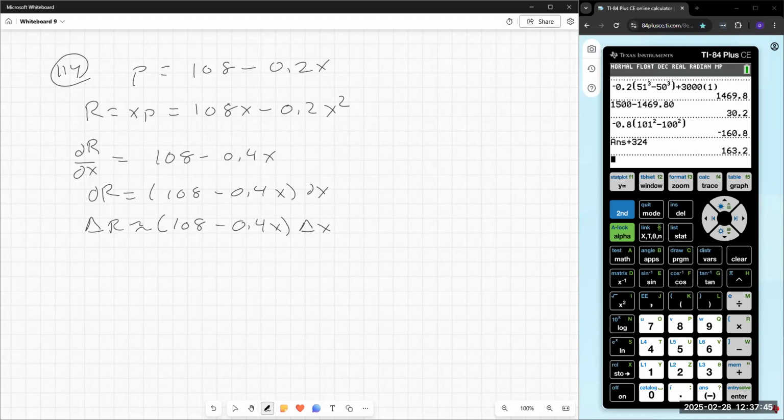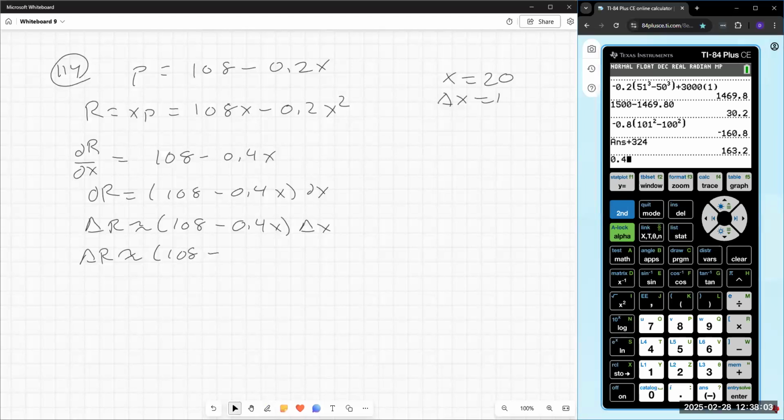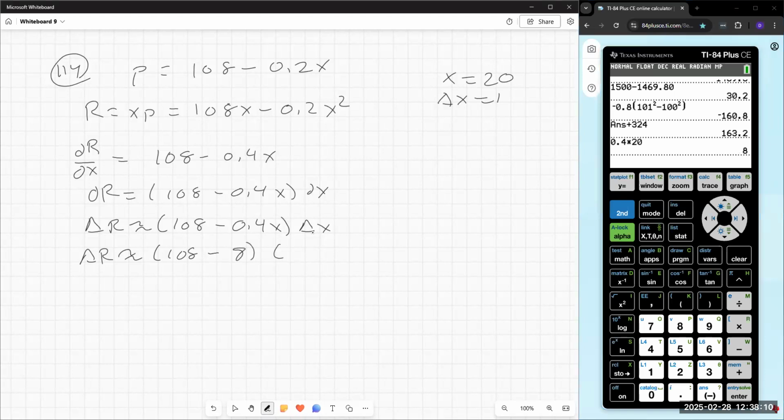And we're told that we want to figure out when x goes from 20 to 21. So 20 is our initial, and delta x will be 1. Delta R will be approximately 108 minus 0.4 times 20 is 8, times 1, will be 100 times 1, will be $100.